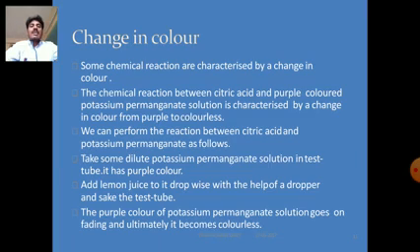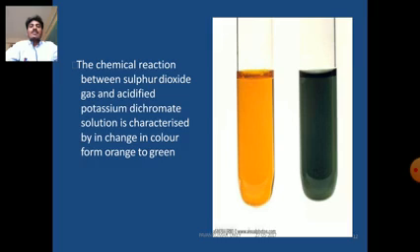Add lemon juice to it dropwise with the help of a dropper and shake the test tube. The purple color of the potassium permanganate solution goes on fading and ultimately becomes colorless. Next, the chemical reaction between sulfur dioxide gas and acidified potassium dichromate solution is characterized by the change in color from orange to green.